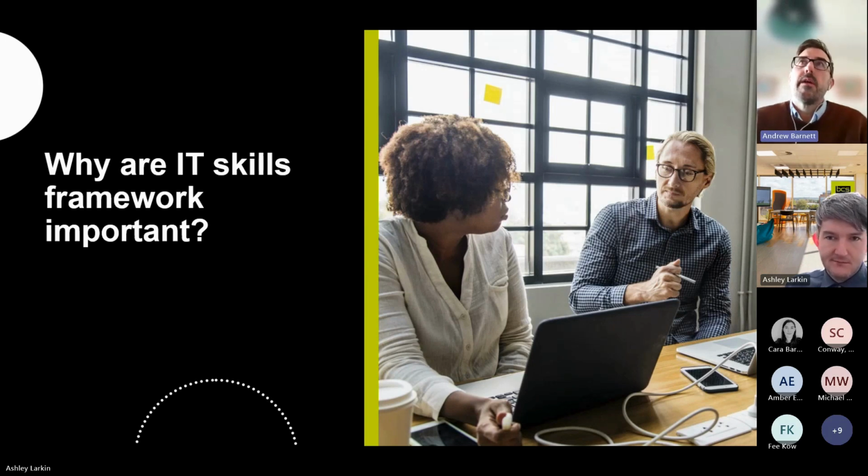I think they are useful in a number of ways. From our perspective, I'll take SFIA as an example, but as we'll see later on, we do work with other frameworks that government entities use, DDaT, etc. But the SFIA one gives a number of advantages. Number one, it allows an organisation to provide some consistency in the way roles are created. Secondly, it enables organisations to share industry good practices with their teams.